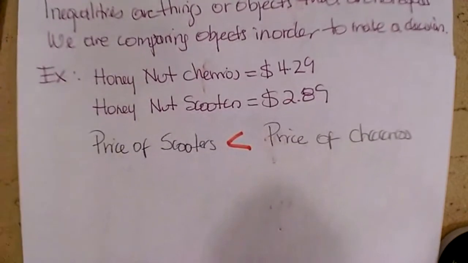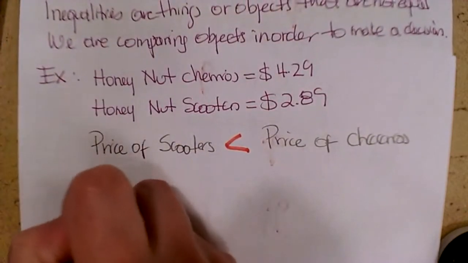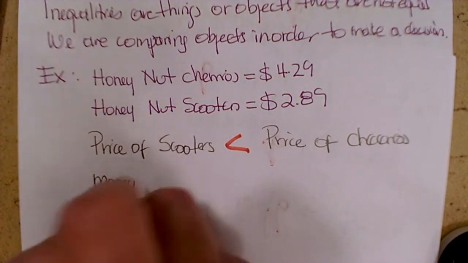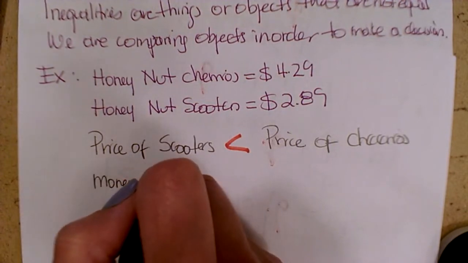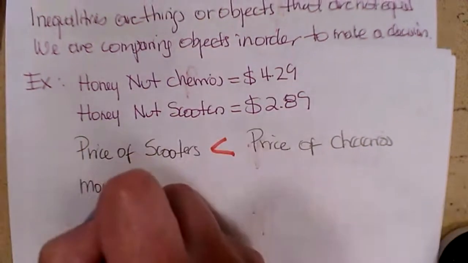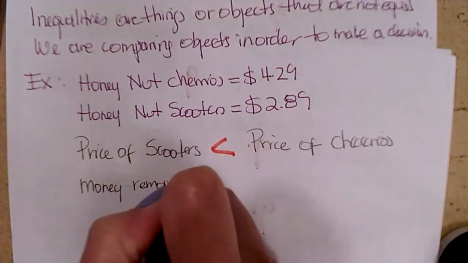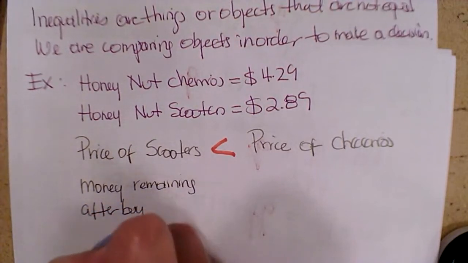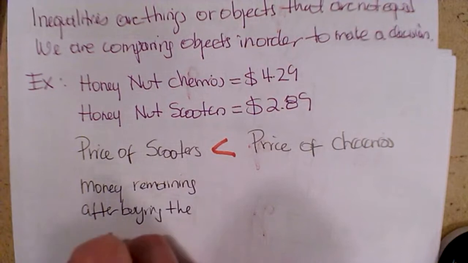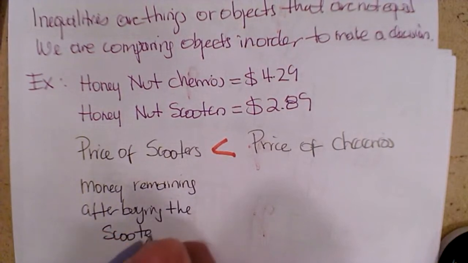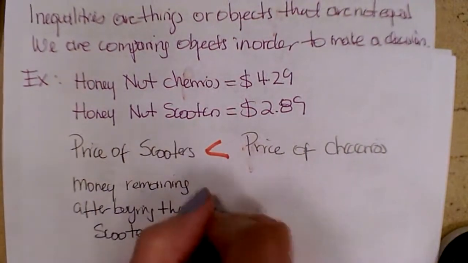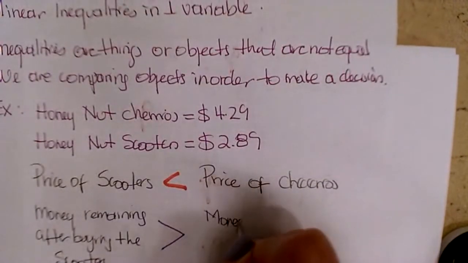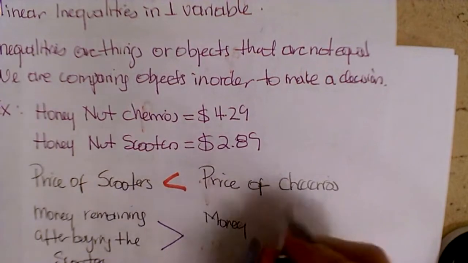So the money remaining after buying the scooters is more than the money after buying the Cheerios. I'm going to have more money than if I go and buy the Cheerios, right?